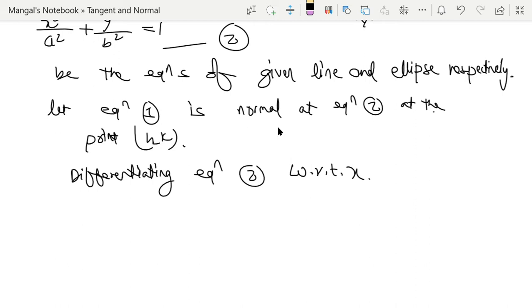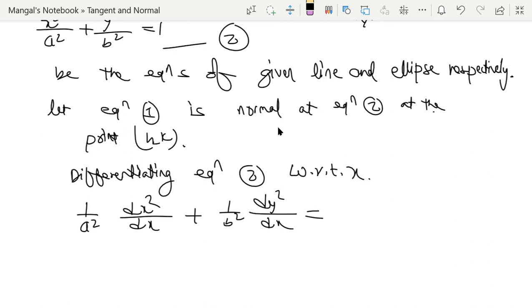So 1 by a square I'm keeping outside, the derivative of x square with respect to x; 1 by b square outside, the derivative of y square with respect to x; and the derivative of 1, which is a constant, is 0.